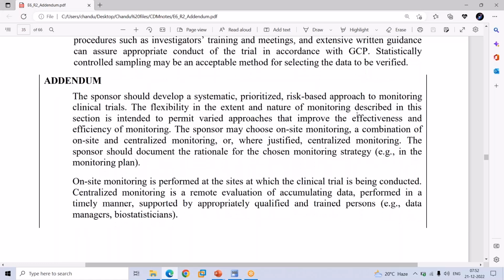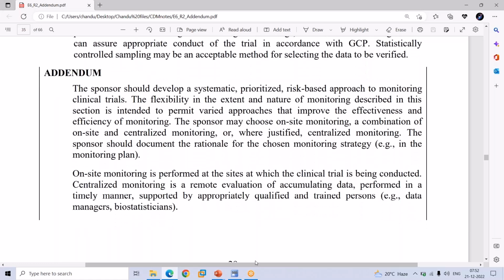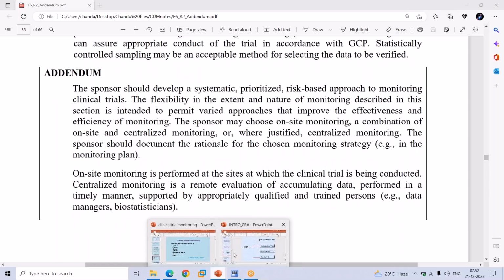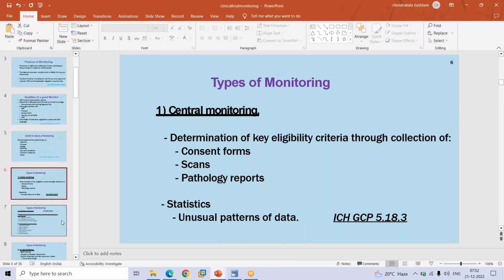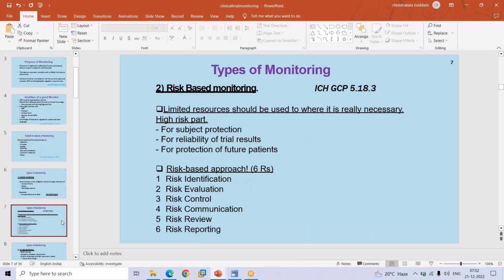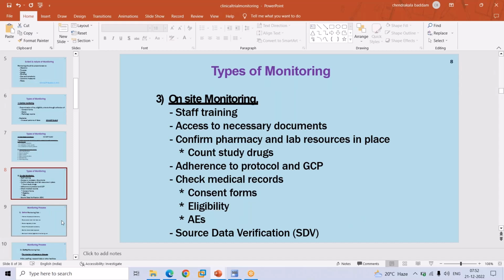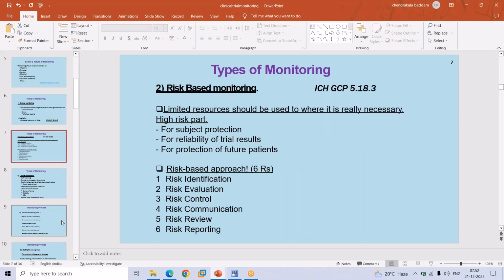So those are all types of monitoring. Let's see, first, let us go with the slides. We have types of monitoring: central monitoring, risk-based monitoring, on-site monitoring. This is a new one, risk-based monitoring.